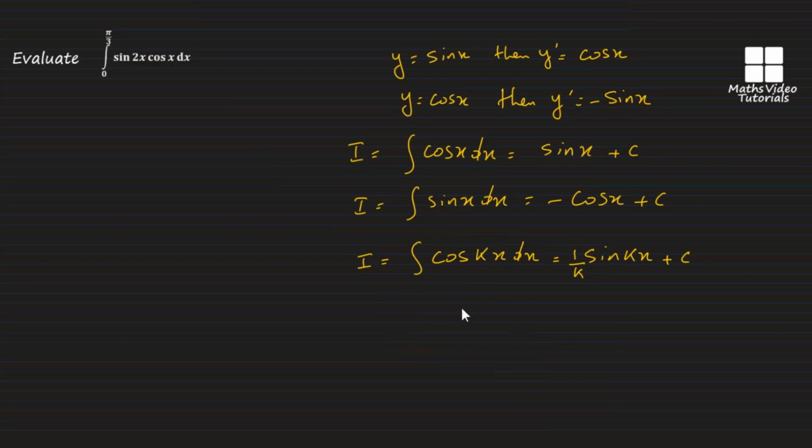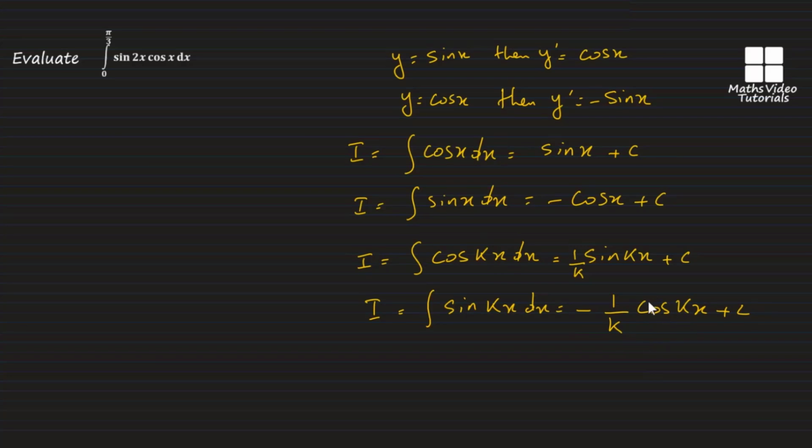Same thing if you have sine. Let's do that. Sine, again, I'm going to keep it positive, kx dx, it's going to be negative, of course, 1 over k cos kx plus c. Again, let's check by differentiating.